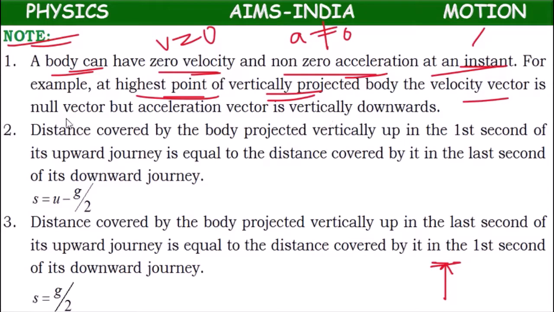But instead of going up, it is changing its direction towards the downside. At the highest point the velocity becomes 0, so instead of going up, it turns downward. We can observe a change in the direction of velocity, which is acceleration. So velocity is 0, but still the acceleration value is there. That happens at one instant.